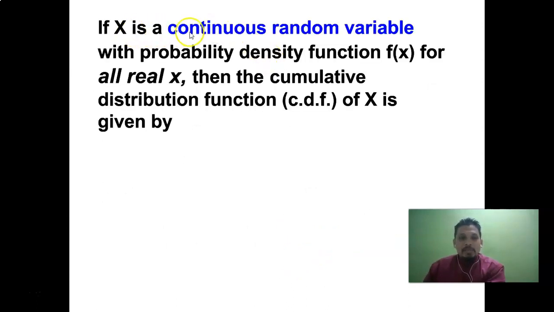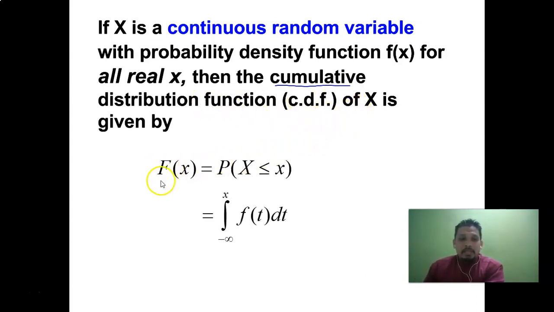So if X is a continuous random variable with a probability density function f(x) for all real x, then the cumulative distribution function of X is given by a capital F(x) equal to the integral from negative infinity to any value of x of the function f(t) dt.